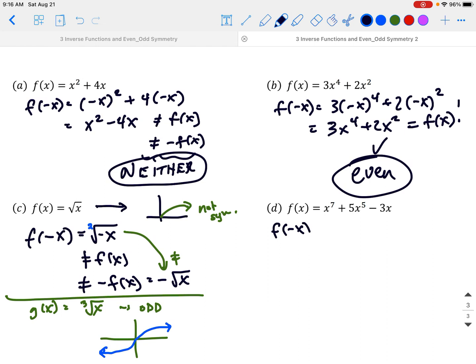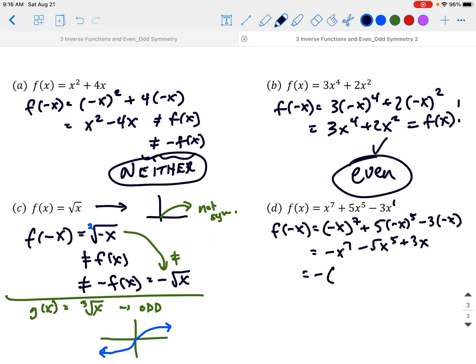So finally for D, we'll check here. We'll notice all of our exponents are odd. That's a good sign for a possible symmetry. And then we have 5 times negative x to the 5th minus 3 times negative x. So we'll get negative x to the 7th minus 5x to the 5th plus 3x.